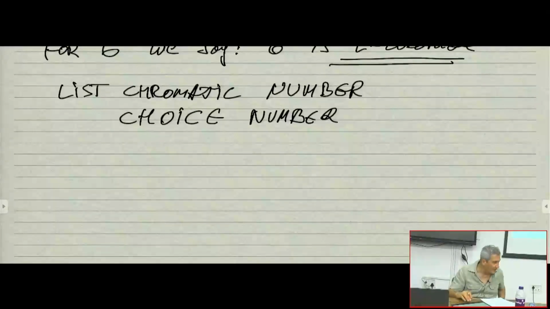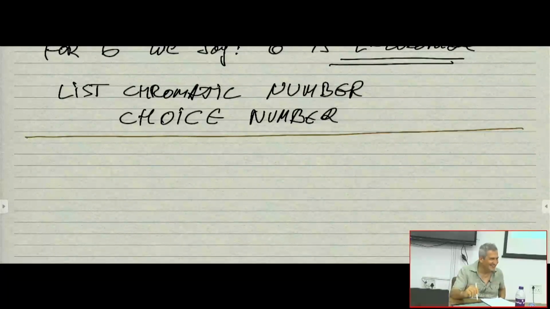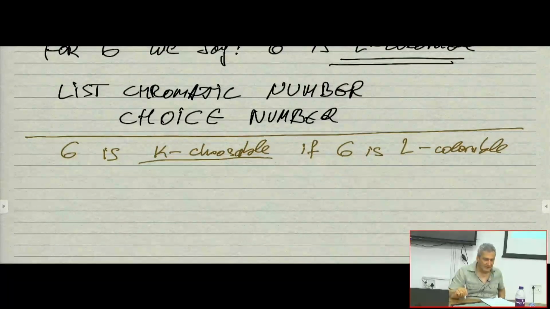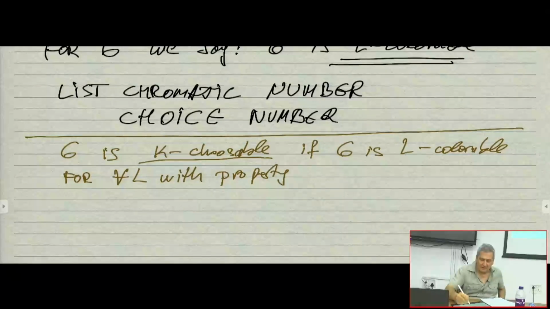Now we say G is k-choosable if G is L colorable for every list assignment with the property that for every vertex we give at least k colors.